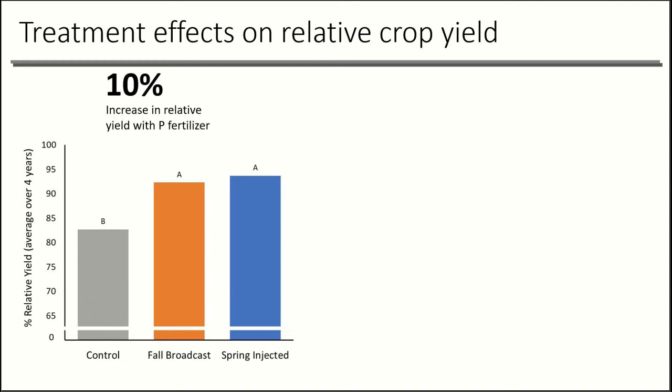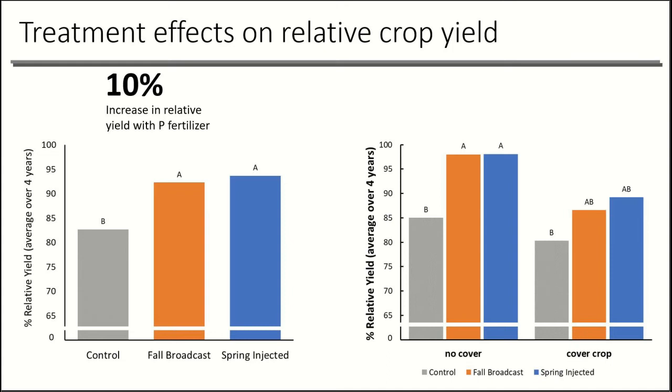Statistical analysis indicated that there was not really any interaction between the phosphorus fertilization and the cover crop treatments, meaning that the fertilizer effect was about the same for both cover crop and non-cover crop treatments. And I'll show you that here in this additional graph where it splits apart the fertilizer effect for no cover and cover crop, and we see basically the same response.